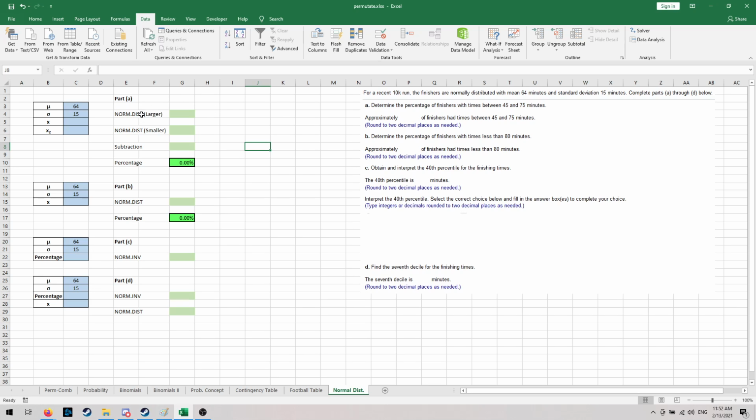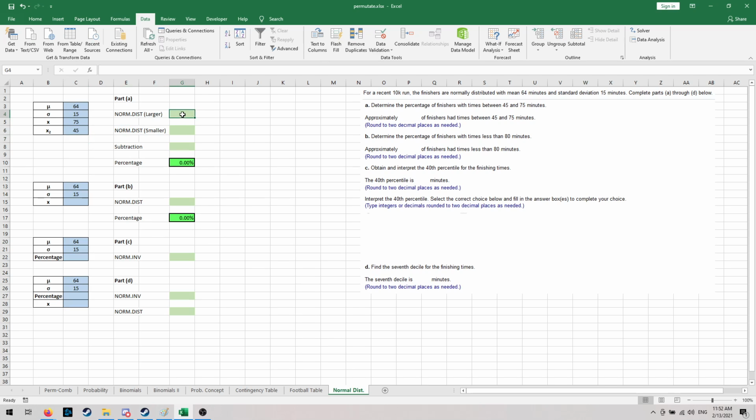And to do that, we're going to use these formulas. And the larger and smaller here don't mean anything. Those are just to set it up so that it looks like a normal arithmetic equation. So our numbers under consideration are going to be 75 and 45.